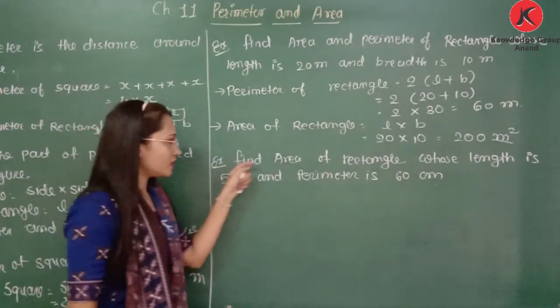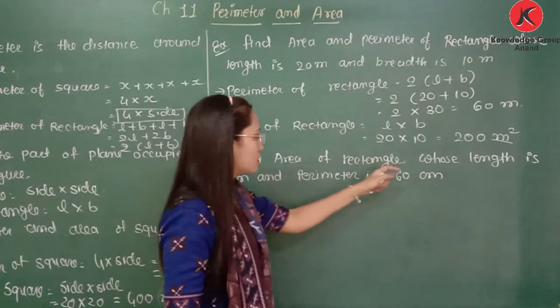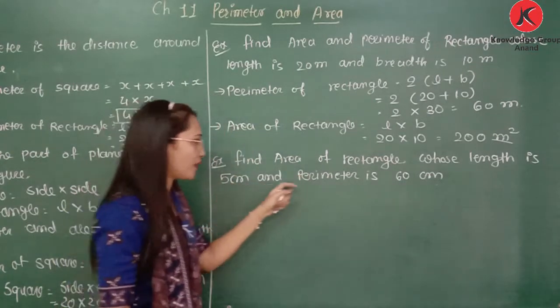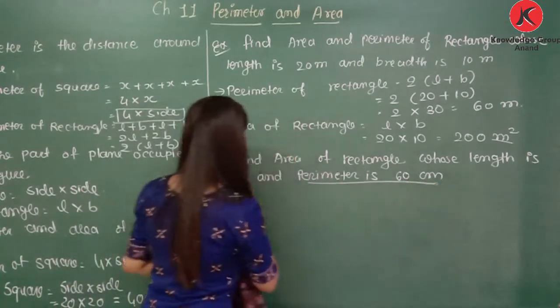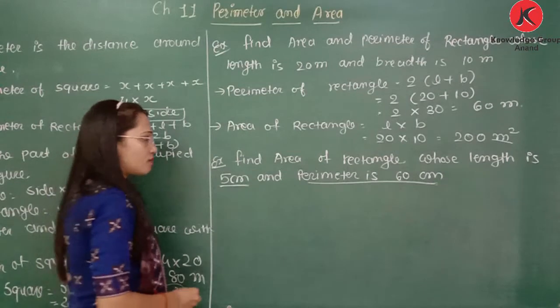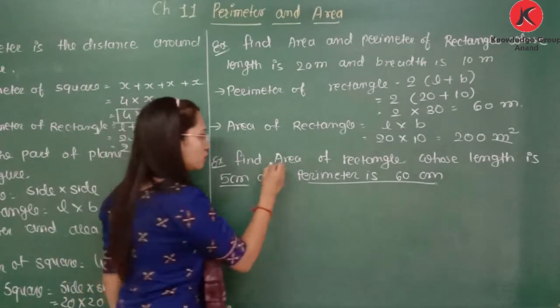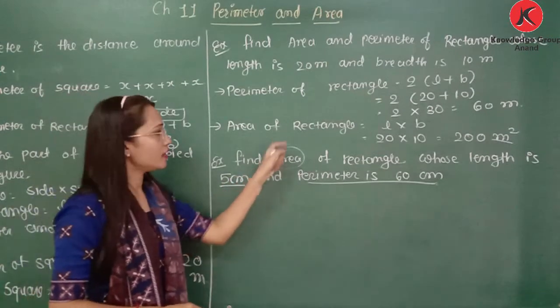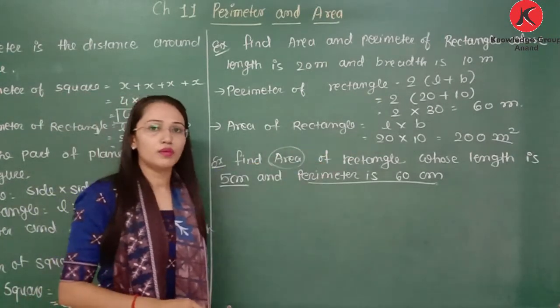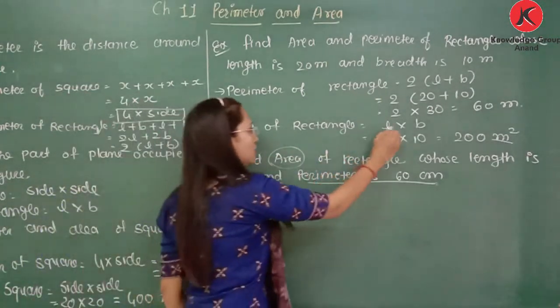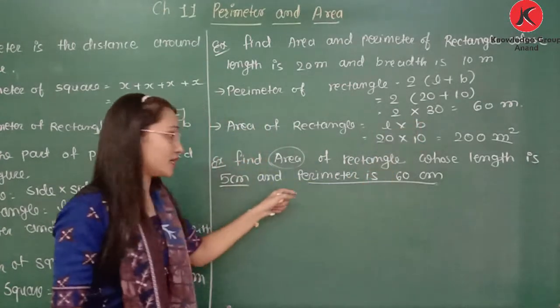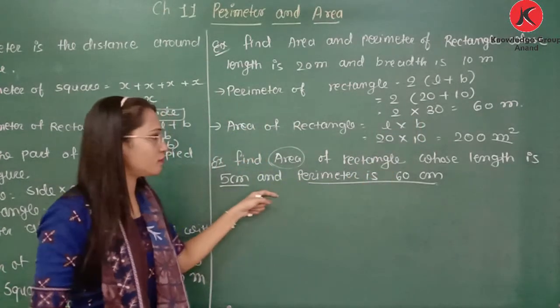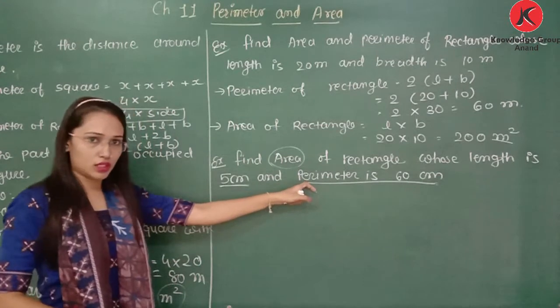Now next one, find the area of a rectangle whose length is 5 cm and perimeter is 60 cm. Perimeter is given, length is given, and you need to find the area. But before that, what is the equation for area? Area of a rectangle is L into B. Means you need two values, length and breadth. But in the question, breadth is not given. So first of all, we will find the breadth from the perimeter.